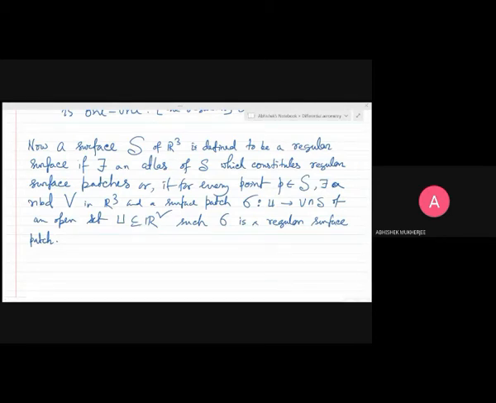So for each point, you are going to have a neighborhood V in R3 and a surface patch sigma from U to V intersection S of an open set U such that sigma is a regular surface patch.